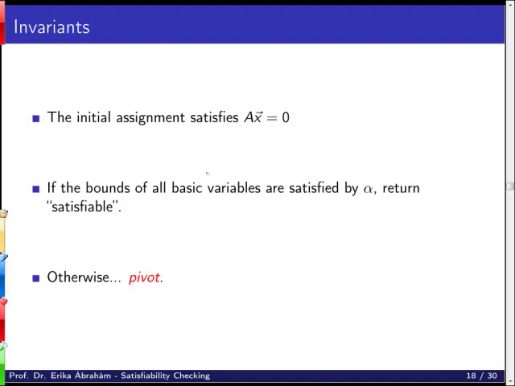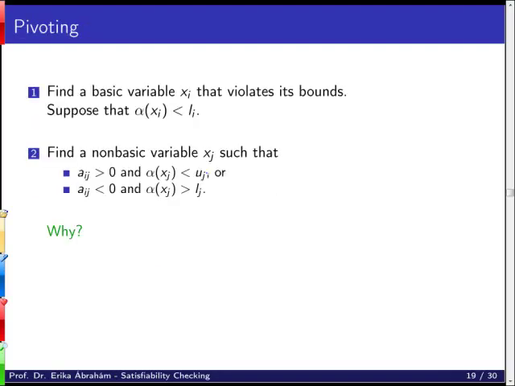So now I check. Are the bounds of all basic variables satisfied by the current assignment? If this is the case, then I know that the non-basic variables satisfy them by the invariant, so I am done. I have a valuation which satisfies all bounds. If not, then we do something which is called pivoting. Pivoting searches for a basic variable xi that violates its bounds, and in the following, let us assume that it violates its lower bound.